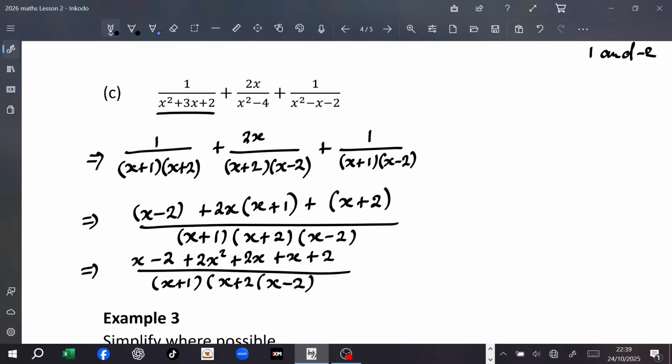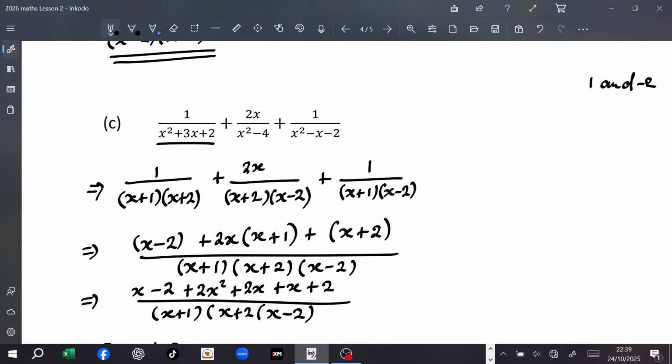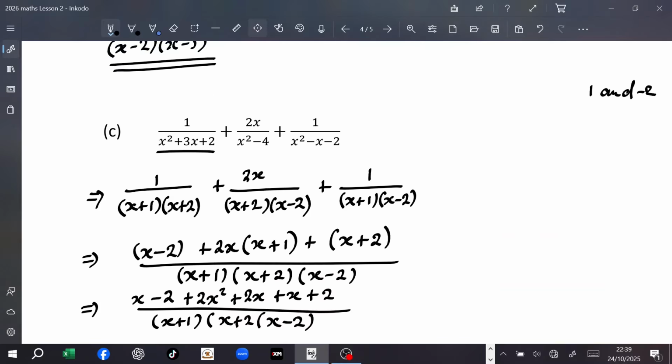Then I'll come this side, I'll continue from the top so that we can collect like terms like x and x. So have x plus 2x plus x.